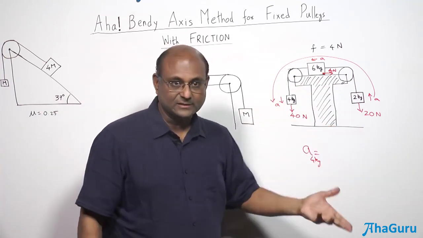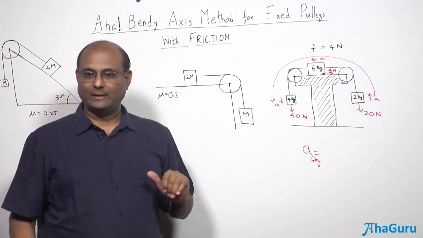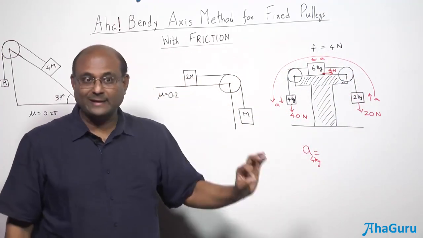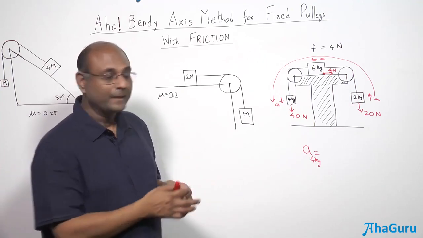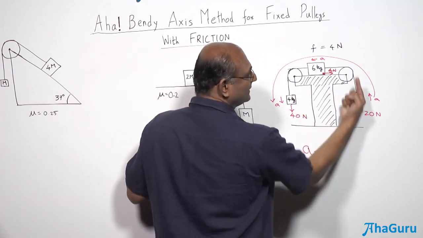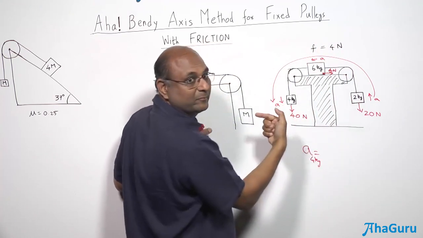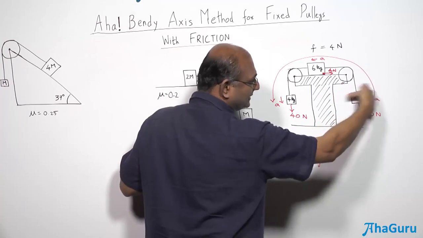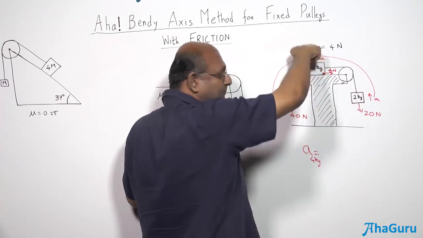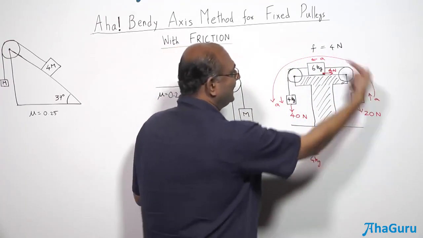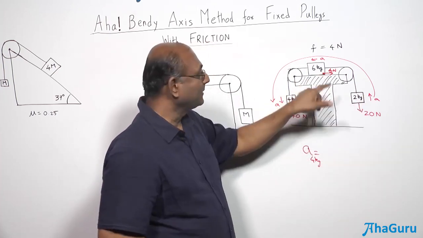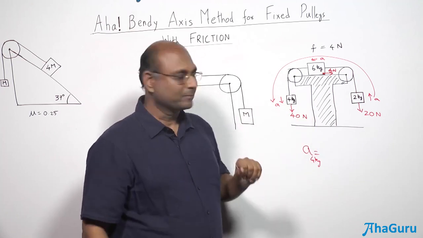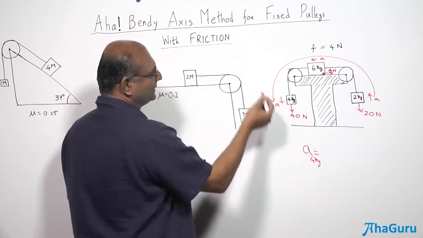Obviously they have different directions in the normal XY axis system, but in the bendy axis not only do they have the same magnitude, they also have the same direction, because in the bendy axis direction this and this are the same, this here and this there. Here of course this is perpendicular, there that is perpendicular. So along the bendy axis the direction must be the same. So for example, if this block was moving like this and this block was moving like this, then it won't work. Okay. So now of course you know that this works in this case.